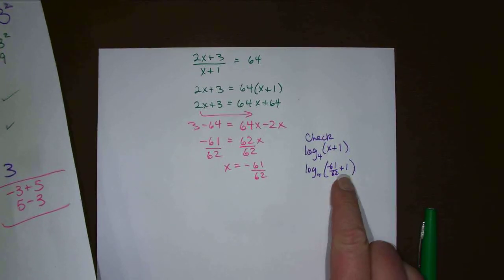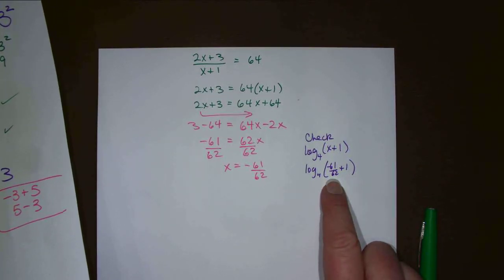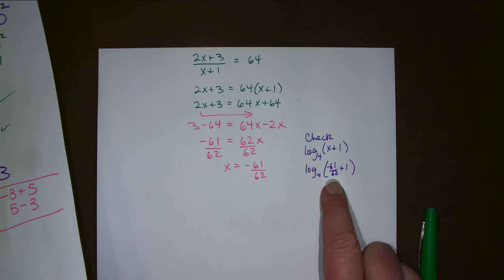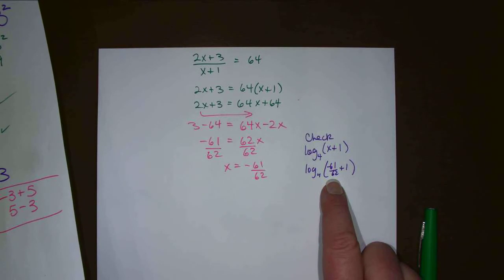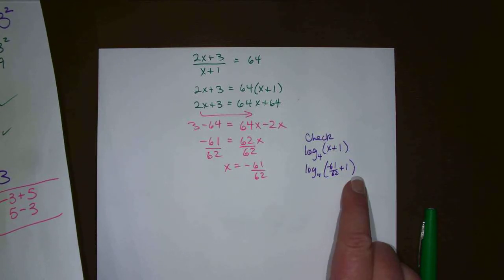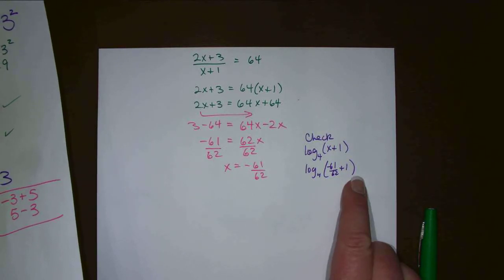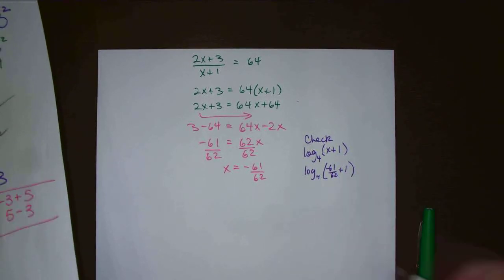Here's a plus 1, and here's a negative number, is that number bigger or smaller than 1? 61 out of 62 pieces. Smaller than 1. If you cut your pizza into 62 pieces, we have 61, not the whole pizza. So this is smaller than 1 plus 1, which would be positive. 1 over 62, you'd have 1 piece left, right? So that's positive. What about the other one?